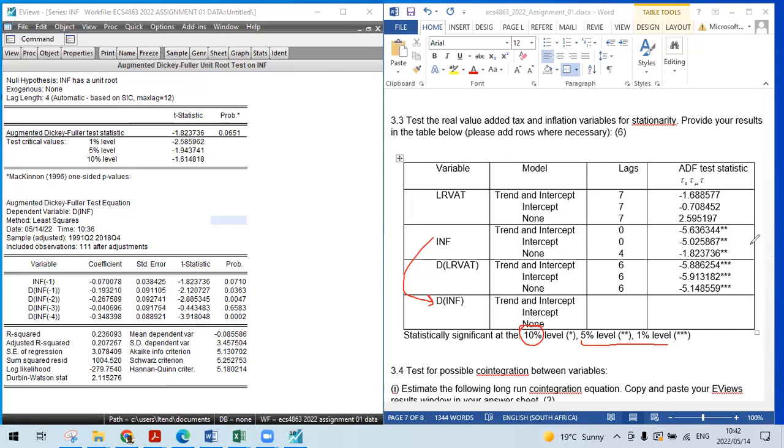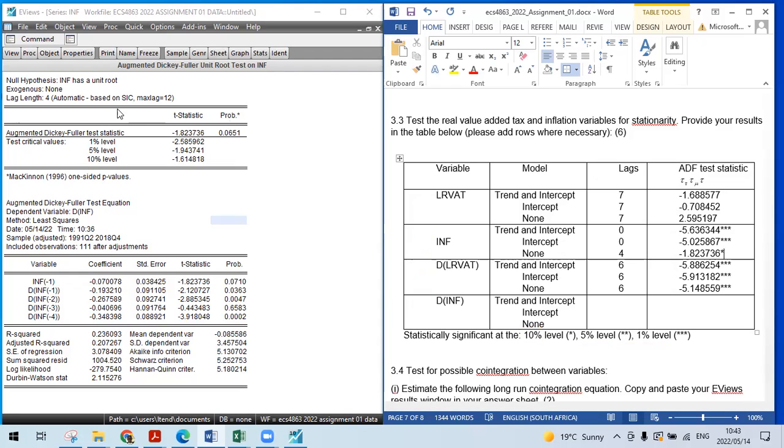So if all these were having 3 stars, 2 stars, 2 stars, it was still fine. We're not going to difference it once; we're going to conclude that it's stationary in level. But in this case, the last one is having 1 star, so we have to difference it once. Let's move on.